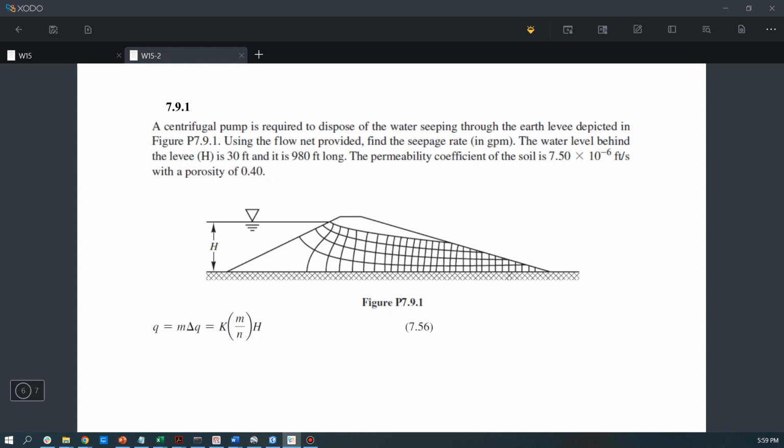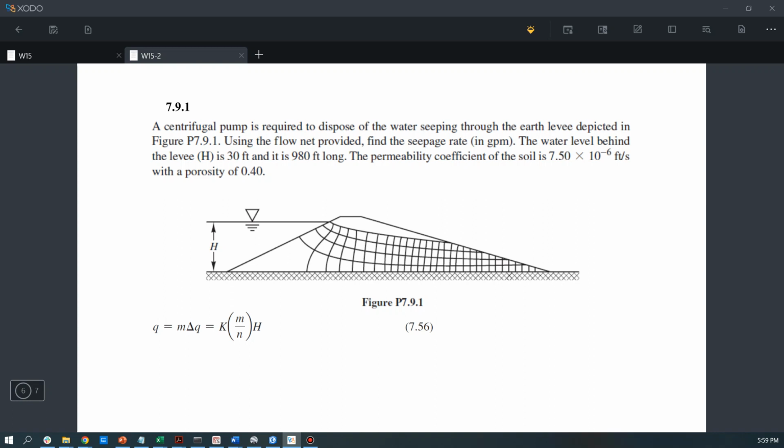And we will use the flow rate shown in this figure to estimate the seepage rate in units of GPM, gallons per minute.